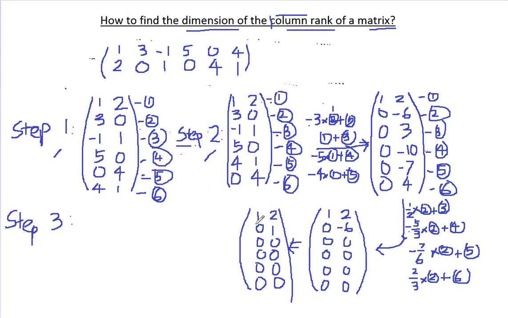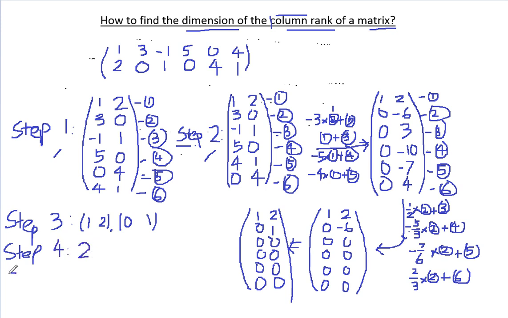You can see these are the leading entries, the 1s here, so the rows are 1 2 and 0 1. Now step 4, the number of rows with leading entries is therefore 2.